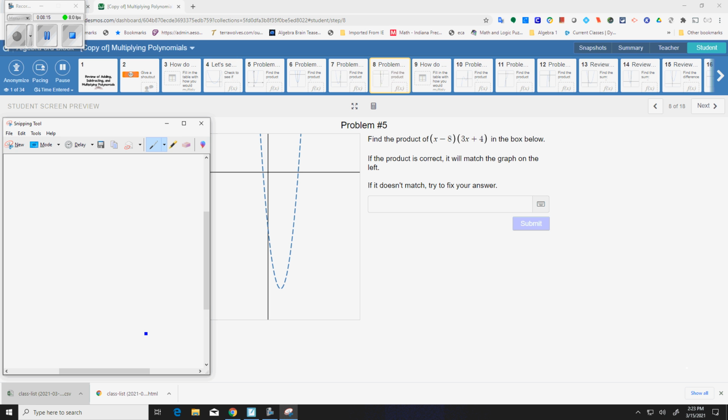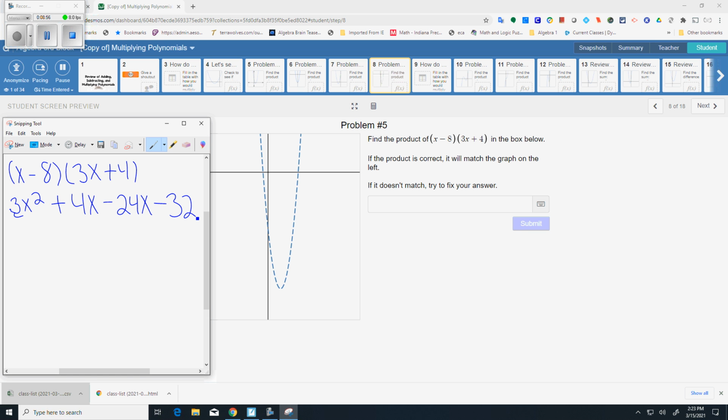So then on this one we're multiplying x minus 8 by 3x plus 4, and we get, so x multiplied by 3x, we are going to get 3x squared, and then x times 4, we're going to get 4x, and then negative 8 times 3x, we're going to get negative 24x, negative 8 times 4 is negative 32.